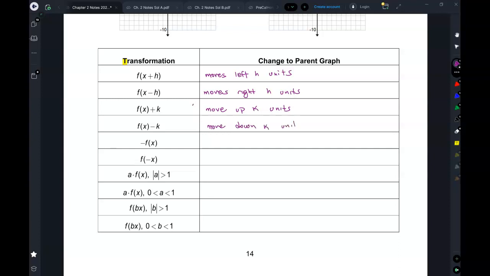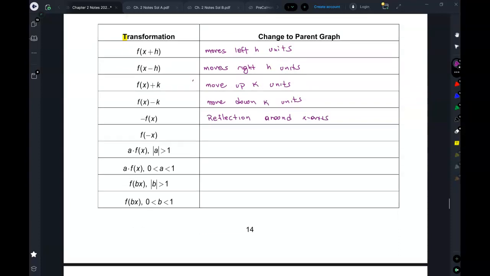Okay, write this stuff down. What's negative f of x? It's a reflection around the x-axis. Good. What's f of negative x?